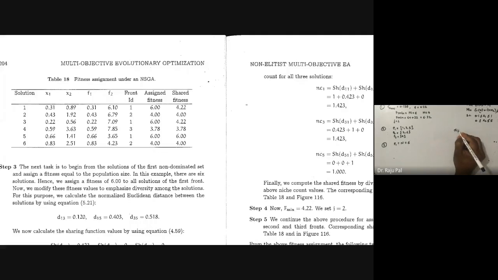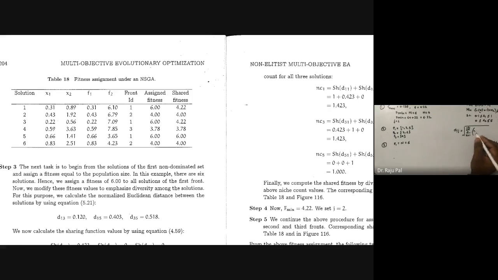Dij, the distance between solution i and solution j, is equal to the square root of the summation of k equals 1 to P1, if I am talking about the first front. This changes front-wise. So k is equal to 1 to the number of solutions in that front.